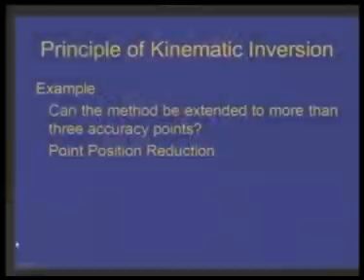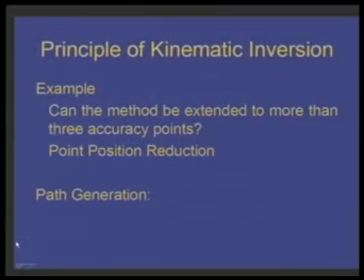For 5 position synthesis, there are only some discrete fixed locations for the choice of A. As I said, this general discussion of 4 and 5 position synthesis is beyond the scope of this course. We will discuss later on some limited version for 4 position synthesis by a technique which is known as point position reduction.